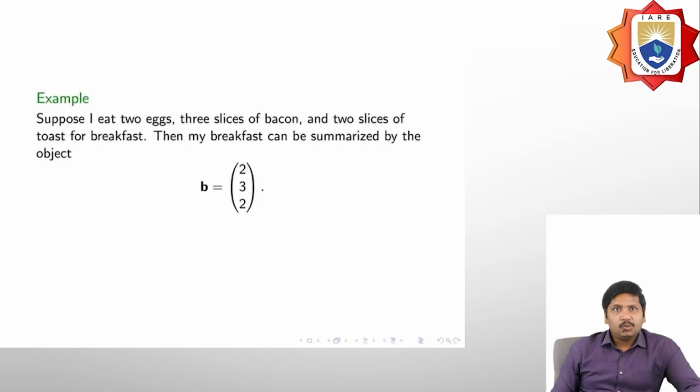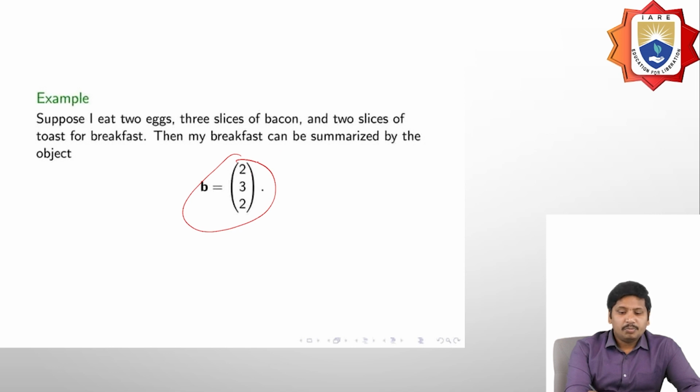Suppose I eat 2 eggs, 3 slices of bacon, and 2 slices of toast for breakfast. So my basket is going to be present in the form of a vector, so B is equal to 2, 3, 2. Here 2 is eggs, 3 is 3 slices of bacon, and 2 is 2 slices of toast.